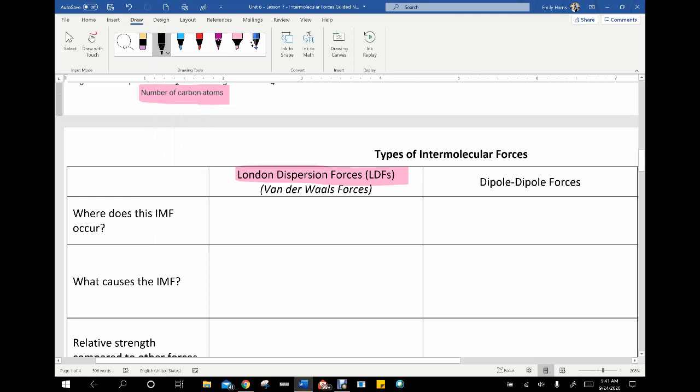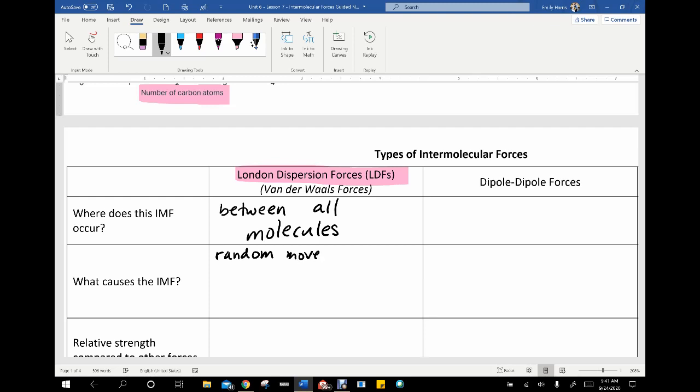Now, London dispersion forces occur between all molecules, all right? What causes these types of forces is the random movement of electrons. I'm going to use the symbol E- for electrons, that creates what's called temporary dipoles.